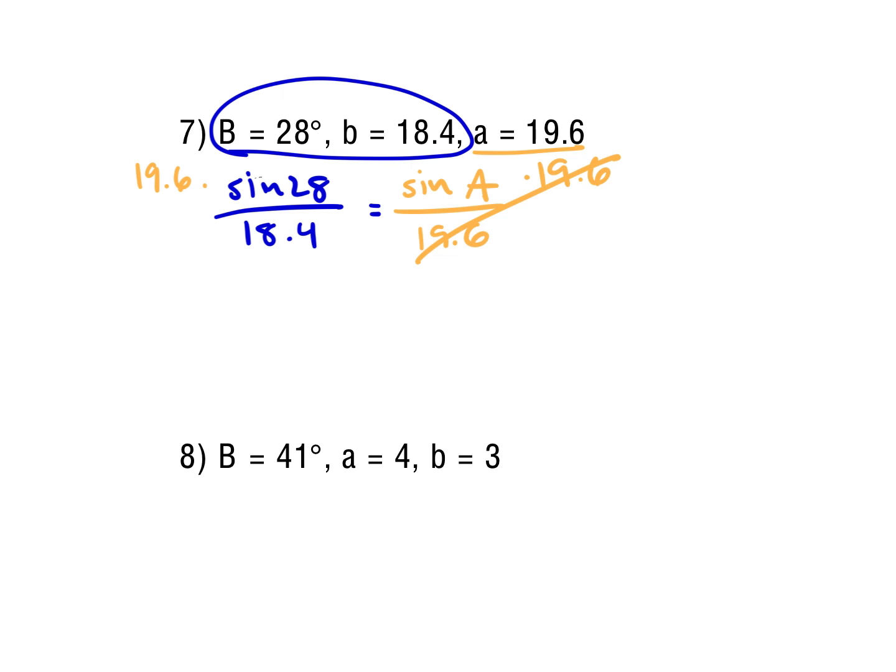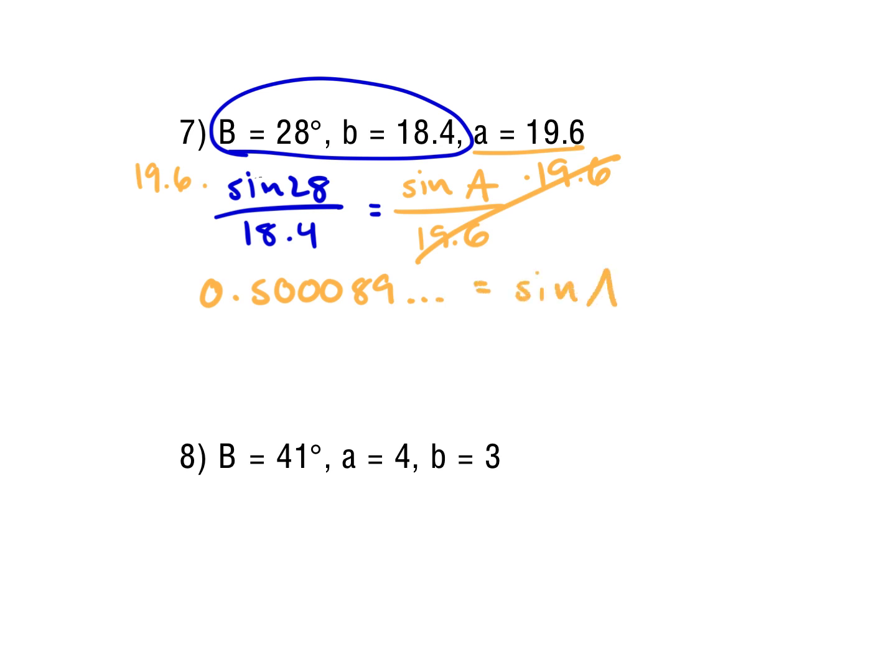So we have 19.6 times sine of 28 divided by 18.4. So we get 0.50089. It keeps going. I'm just going to keep it in the calculator.